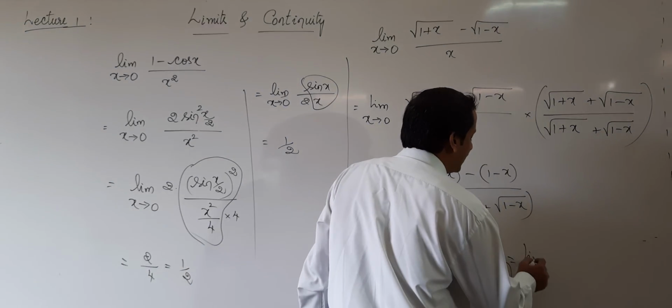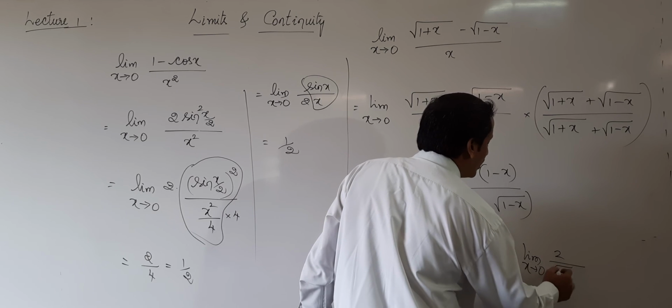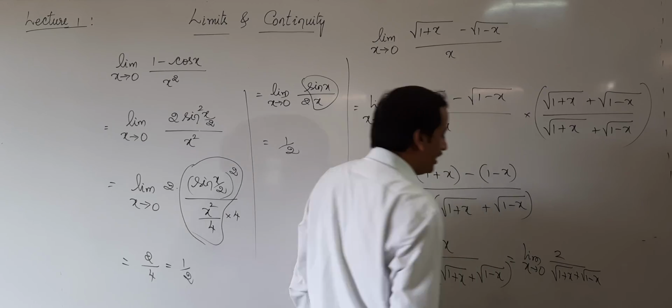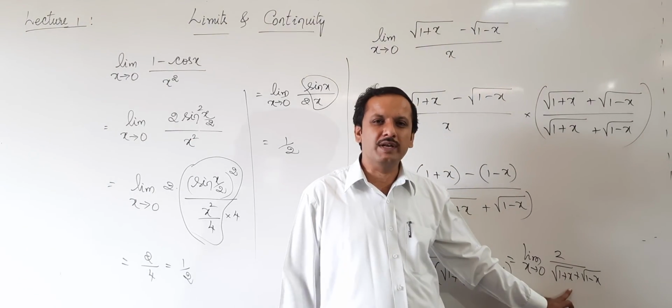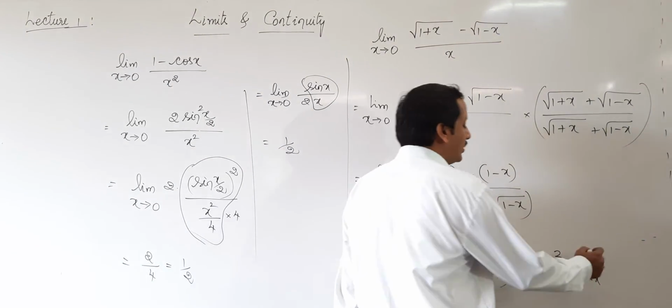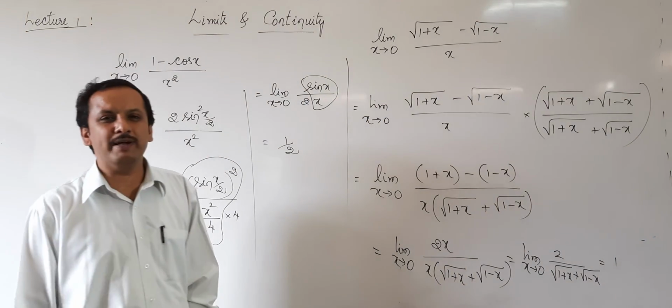So we have limit x tends to 0, 2 divided by root of 1 plus x plus root of 1 minus x. Apply the limit as x tends to 0. 1 plus 0 is 1, root 1 is 1. Similarly, root 1 here 1, 1 plus 1 is 2, 2 by 2 is equal to 1. So 1 is the answer if we go by the actual method.